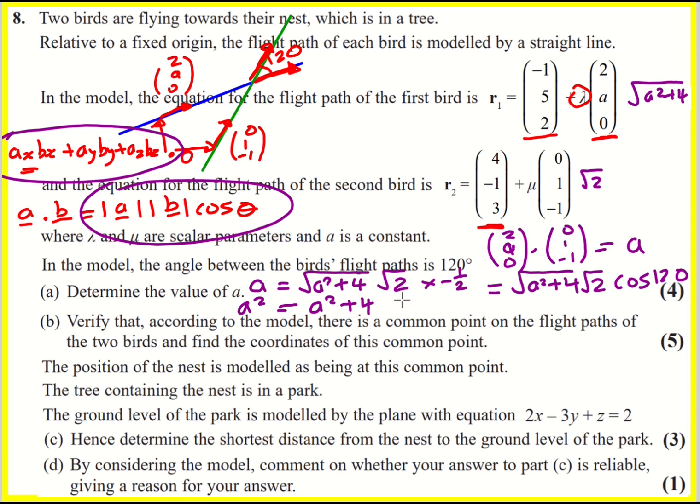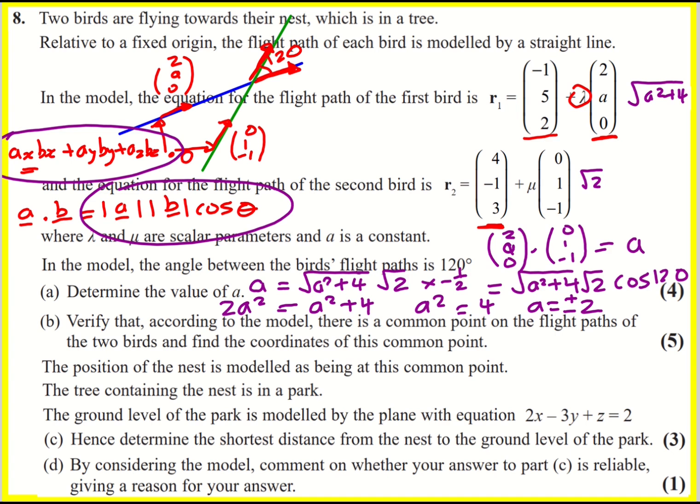Sorry, times positive a quarter. So it's going to be a half, which means I can bring a 2 there. Let me just say that one more time. I've squared both sides. So this became 2 times a quarter. It was a half, and then I times the a squared by that. So 2a squared equals a squared plus 4. That means a squared is going to equal 4. So a is plus or minus 2.